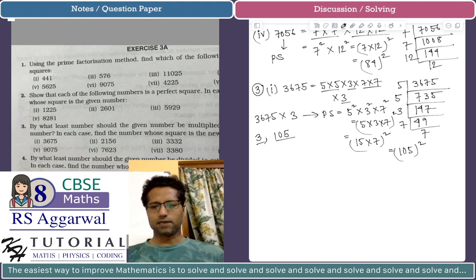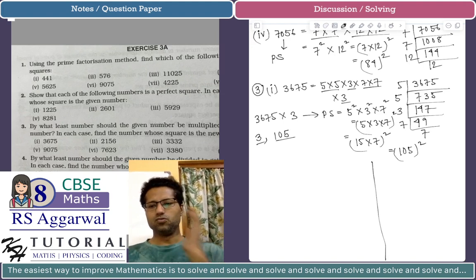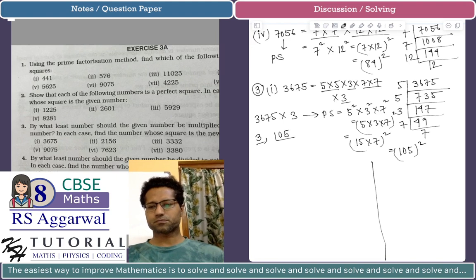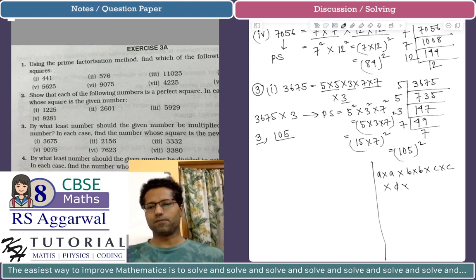Now what I was saying is that, let's say you did a prime factorization of some number. Let's say the prime factorization comes out to be a multiplied by a, b multiplied by b, c multiplied by c, but you do not have a pair for d, you do not have a pair for e, and you do not have a pair for f.